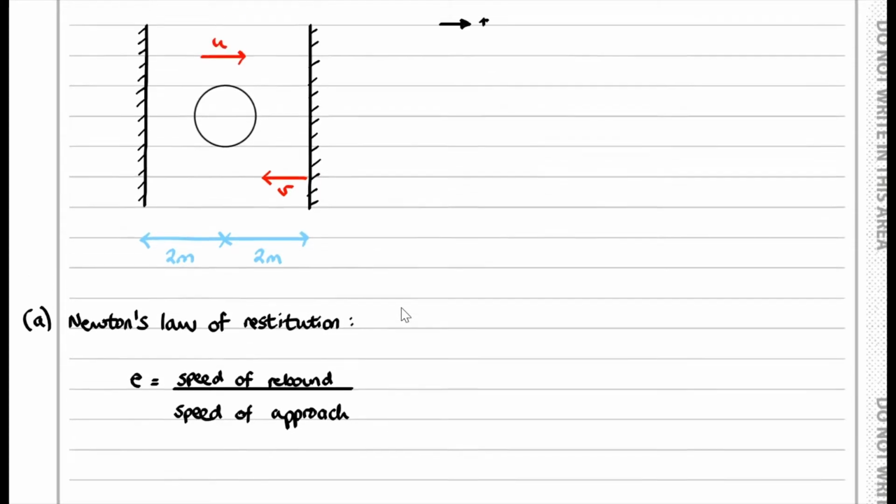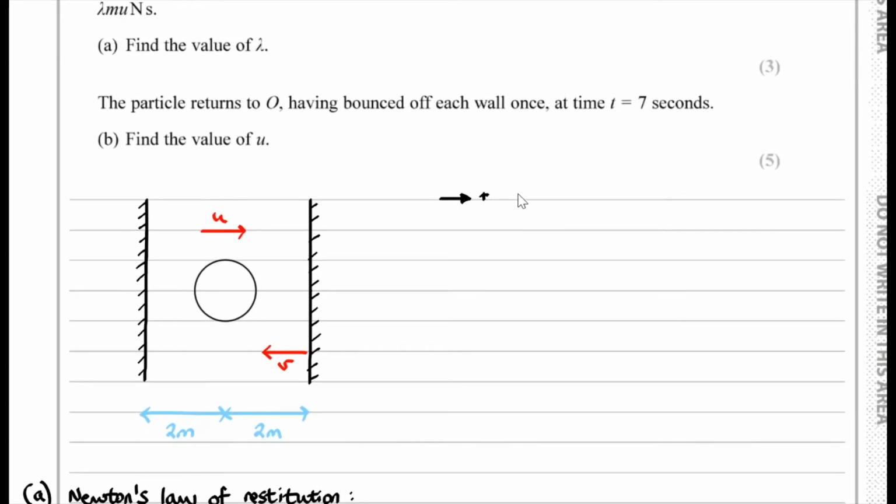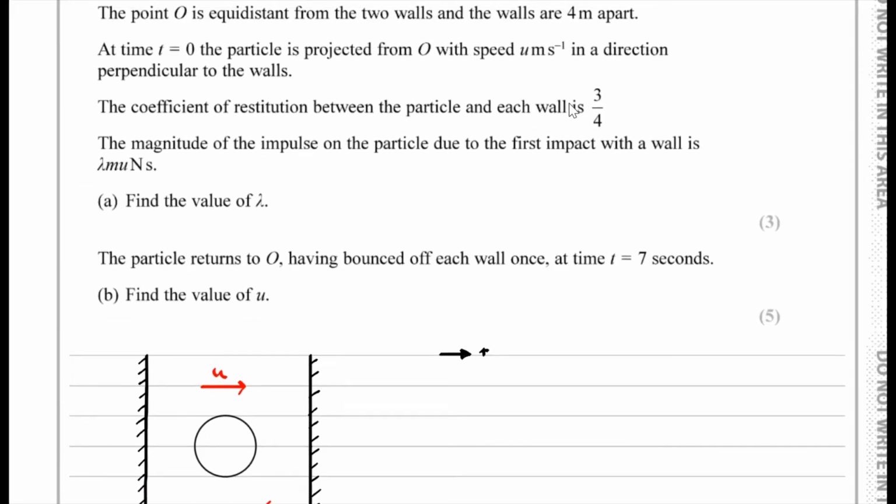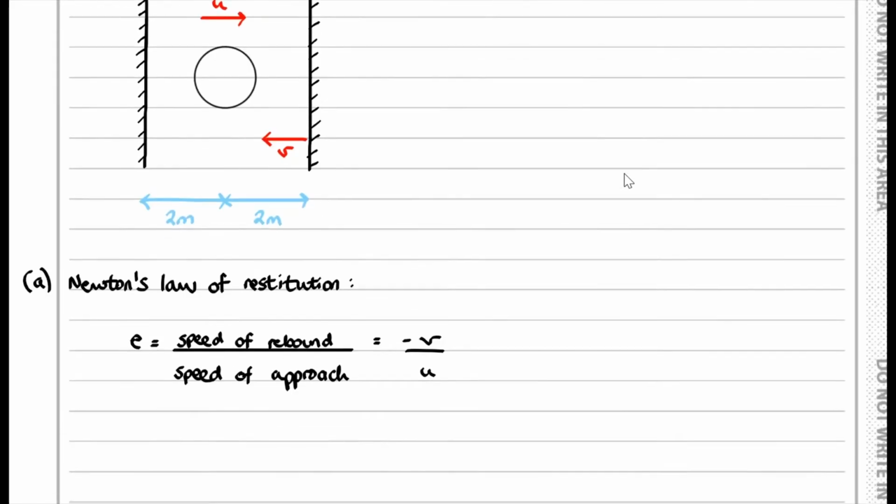If we take positive to go towards the right, the speed of rebound will equal minus v, and the speed of approach is u, so we have minus v over u. And we also know from the question that this value of e is equal to 3/4.